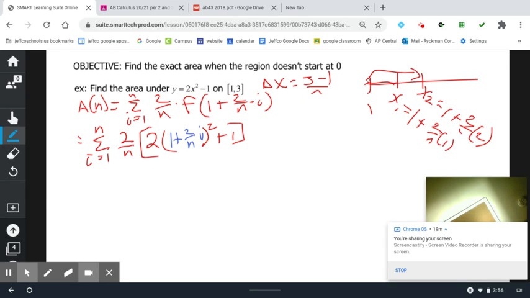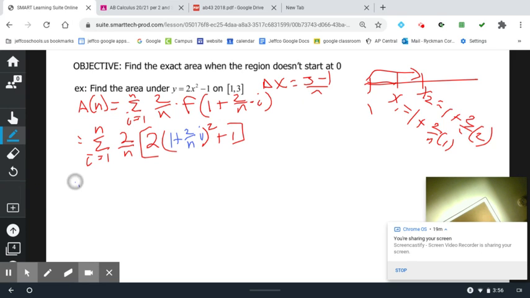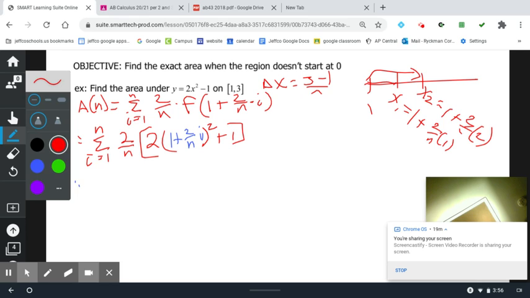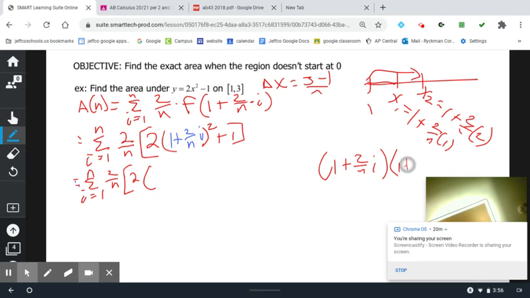All right, so if I want to expand this and pull out common factors, first I need to do the square. So when you square 1 plus 2 over n i times, please, I remind you, don't think that you just square each term. You should know better than that by now.